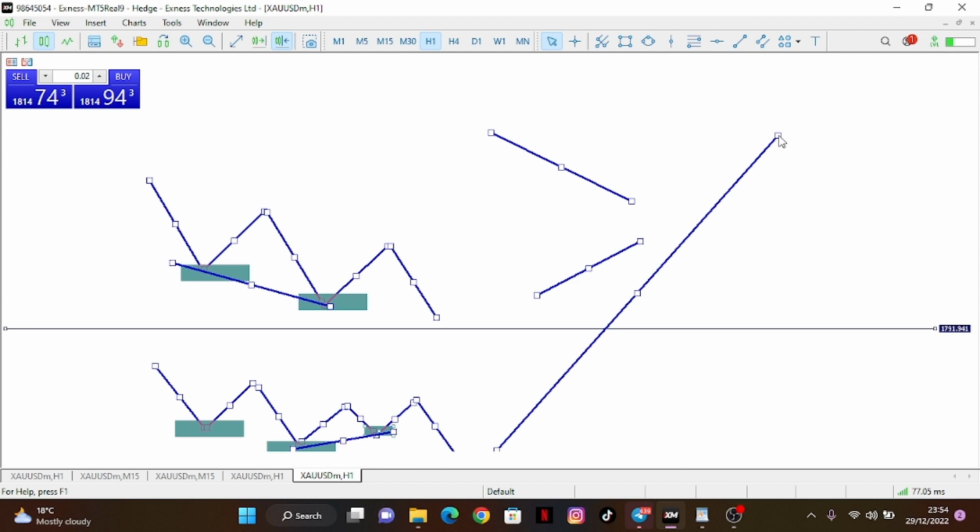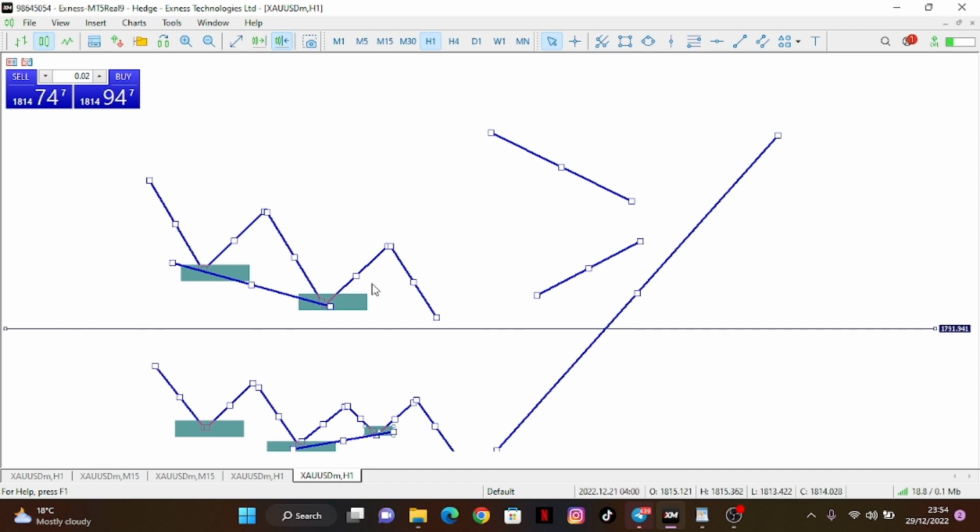Then now the stochastic comes into play. But I'll head on to telling you what hidden divergence is before I show you how to trade divergence using the stochastic with a combination of the RSI and price as well.